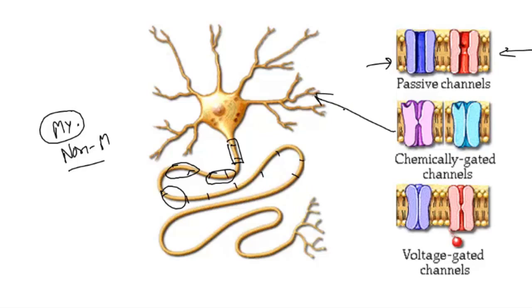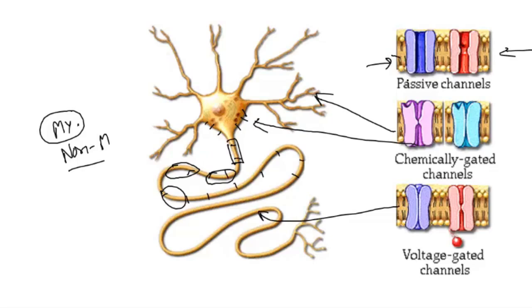This is the region where they are present, and they are also present in some part of the cell body, in the cell membrane of the cell body. Okay, and voltage gated channels are the channels found in the axon, and especially the axon hillock. So that is the position of all those channels.